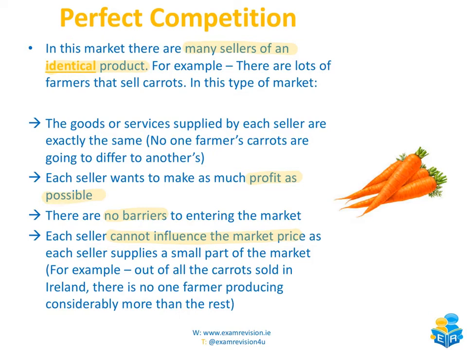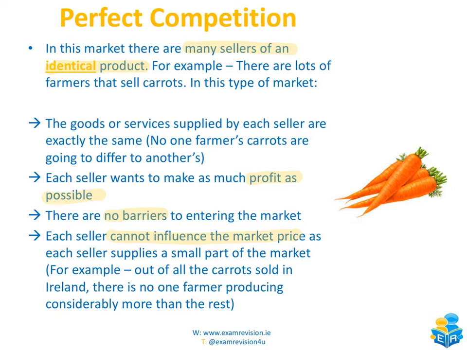So, for example, out of all the carrots sold in Ireland, there's no one farmer producing considerably more than the rest. If there was one farmer producing considerably more than the rest, that farmer would probably be able to sell their carrots for a lower price, and that could cut out the rest of the competition. But out of all the carrots sold in Ireland, there is not one farmer producing considerably more than the rest.